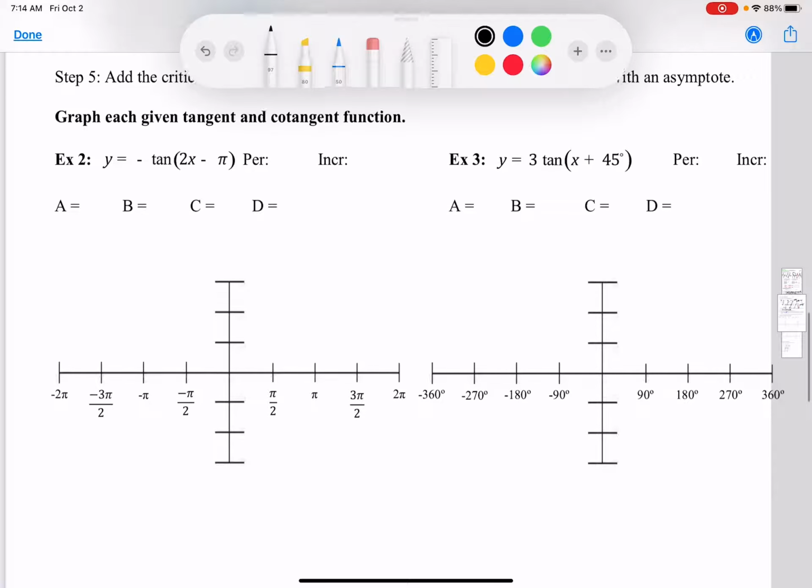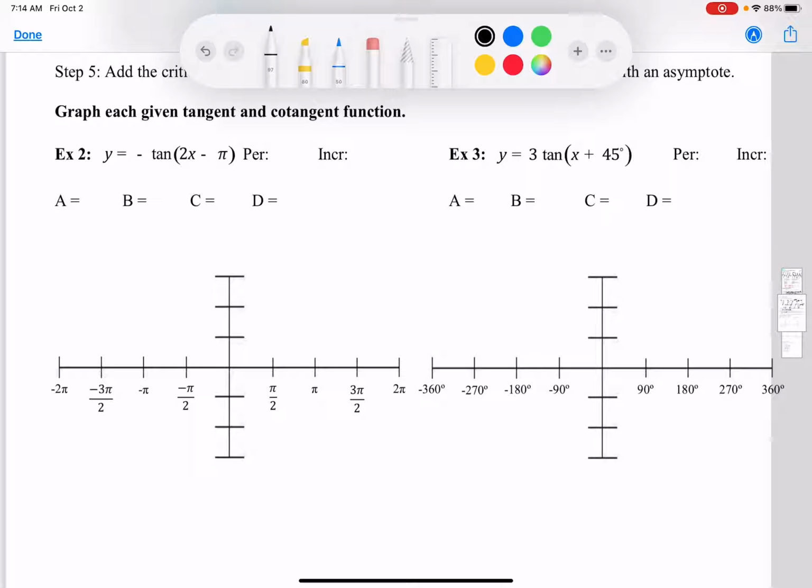So first let's figure out what A, B, C, and D are. Notice we have again a 3 being multiplied in front, so that will be A. Notice there's nothing being multiplied directly to X outside those parentheses, so that's going to stay 1. And then we do now have something being added inside the parentheses.